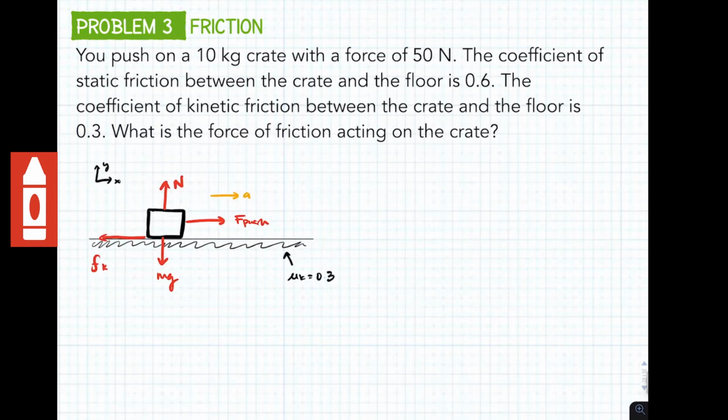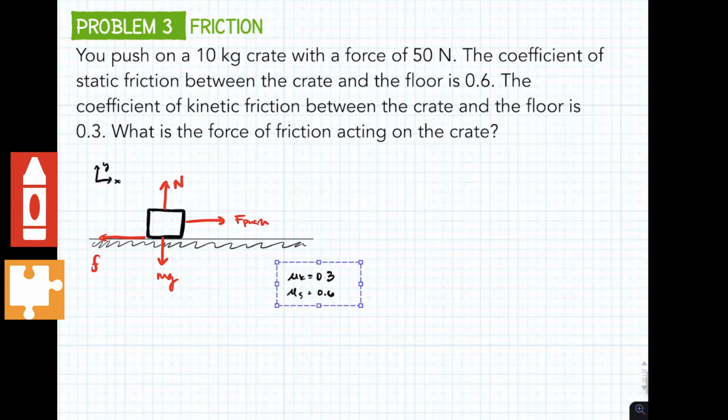The only thing we have to change is there's no acceleration. We don't know which friction this is, and we also know that the static friction coefficient is 0.6. So those are all slightly different. Let me just move this over so we have space.